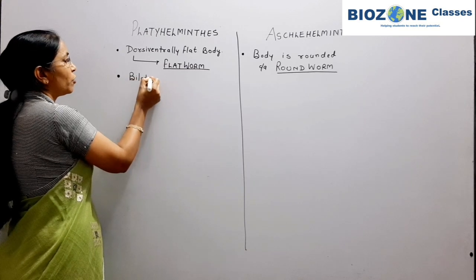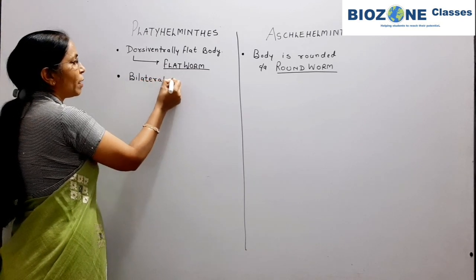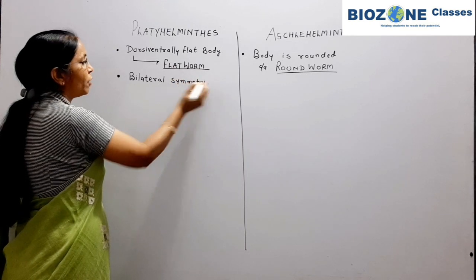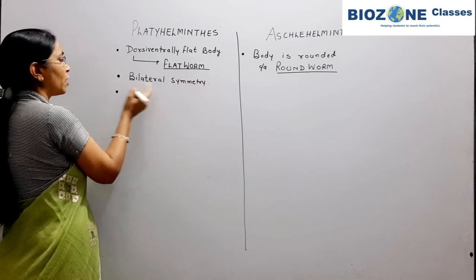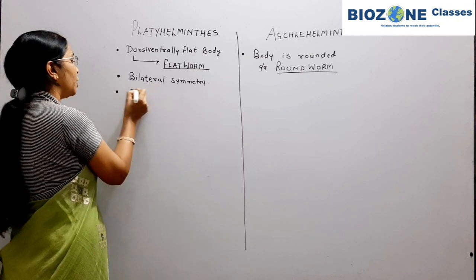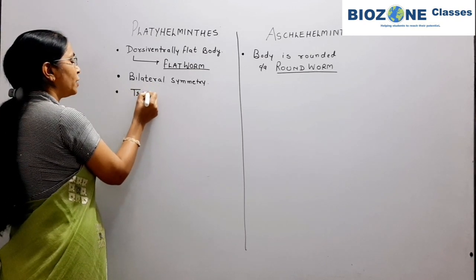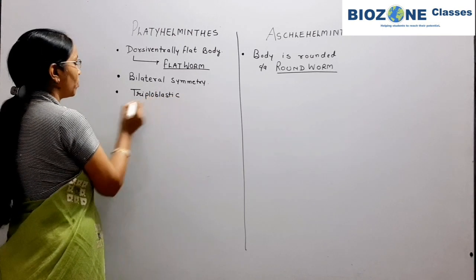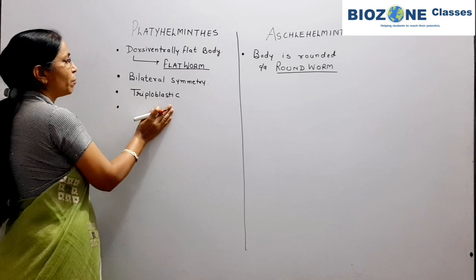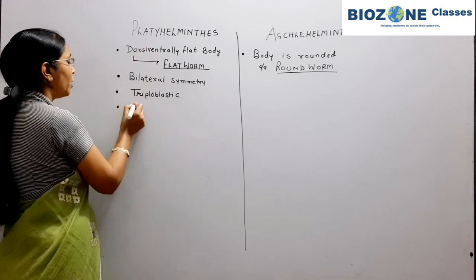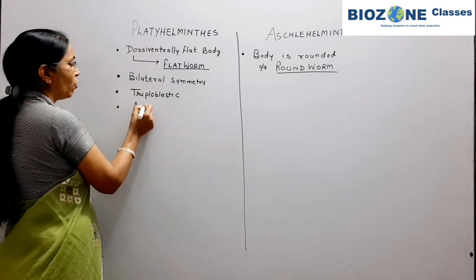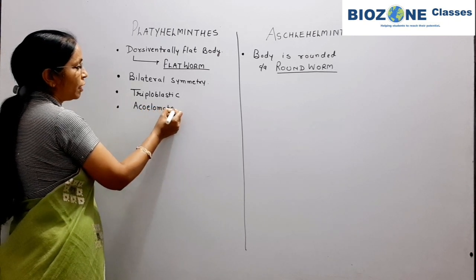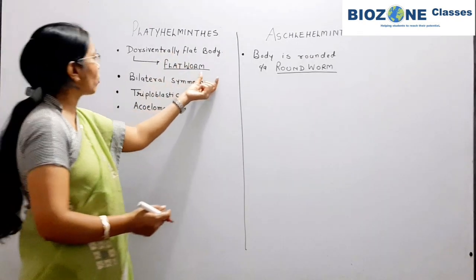The other important features are bilateral symmetry, triploblastic organization, that is 3 germ layers are present, and third, most important, Platyhelminthes are acoelomate. That means the coelom is completely absent in Platyhelminthes or flatworms.